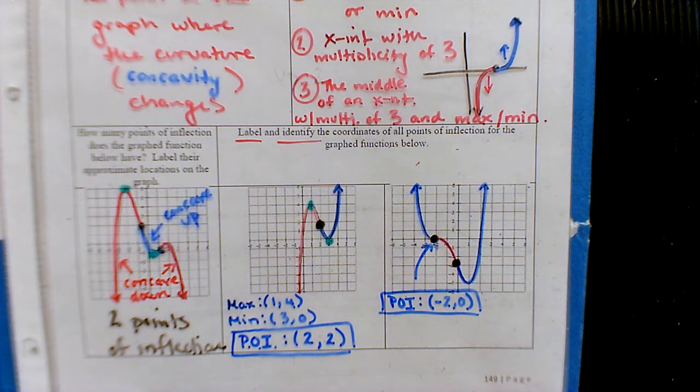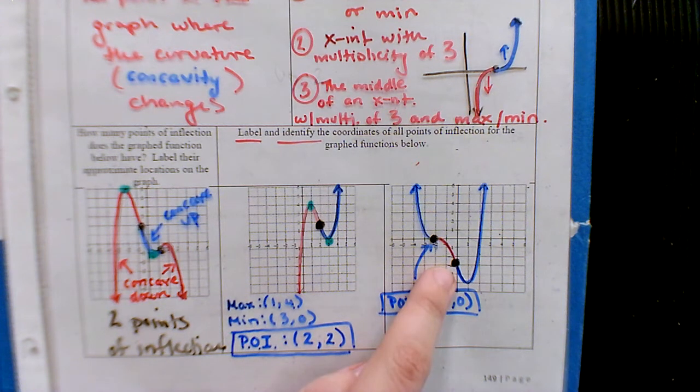But we had another one that we labeled, so let's try to figure that one out. This other point of inflection, is this in the middle of a max or a min? Is this an x-intercept with a multiplicity of 3? Or is this point in the middle of an x-intercept with a multiplicity of 3 and a max or a min?